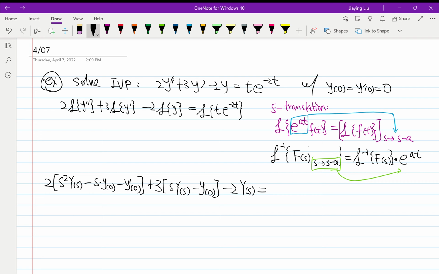The right-hand side, here we have a t and also e to the negative 2t. So we're going to extract e to the negative 2t and just ignore it for a while. It doesn't mean we get rid of it completely, just that we don't want it to be in the way for a brief moment. So we're going to find the Laplace transform of just t.